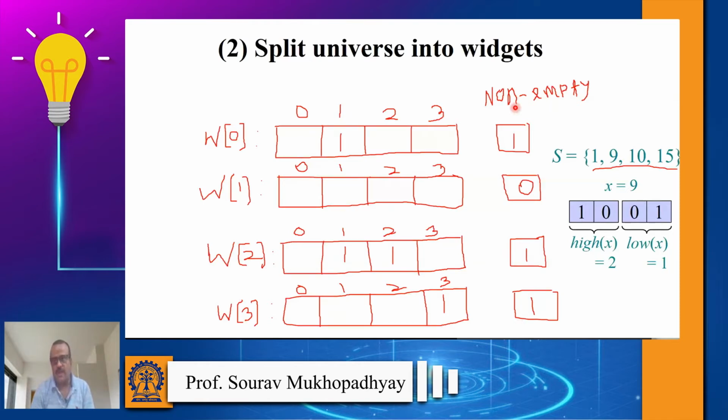Okay, now how will it help us if we have this information? How to do the successor query of 2? If you have to find the successor of 2, you look at the indicator array element and see if it's empty.